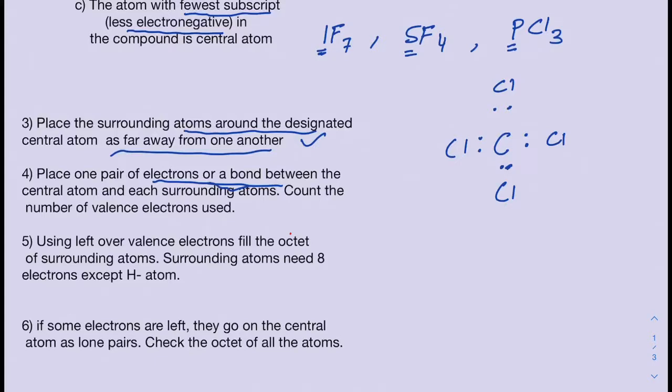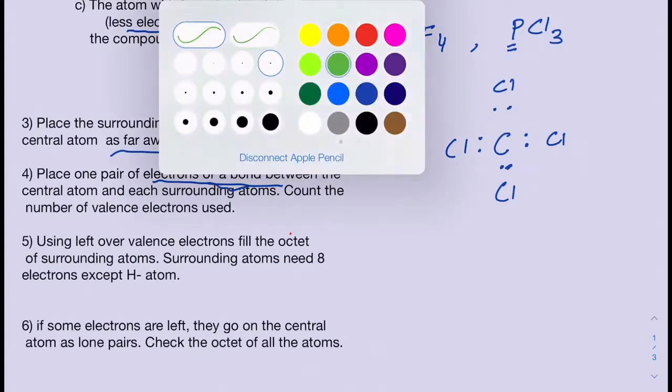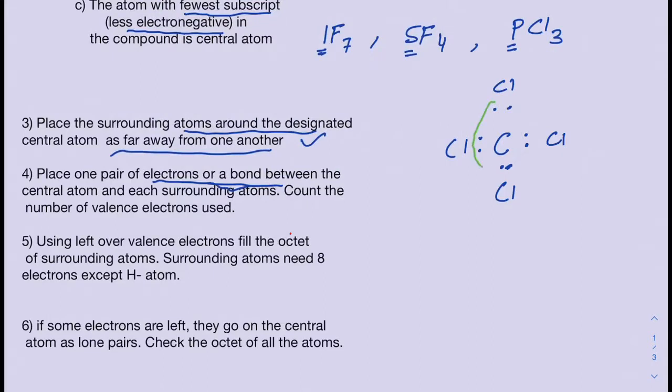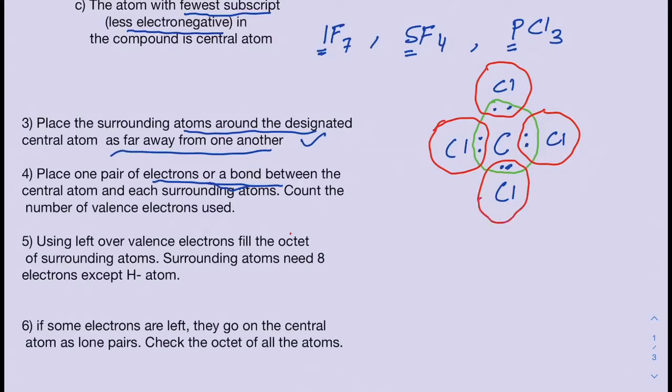So if I look at it right now, if I draw a circle, this carbon is going to have these 8 electrons already. Okay, and so far each of those chlorines have only 2 electrons because they are being shared by both carbon and chlorine. So that's how you look at it.